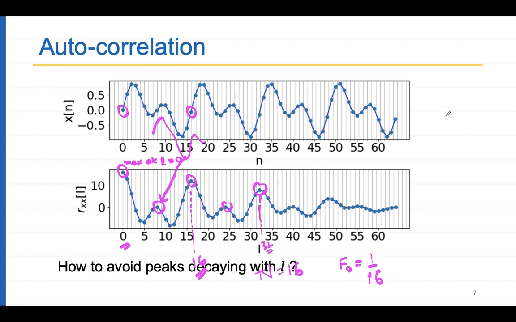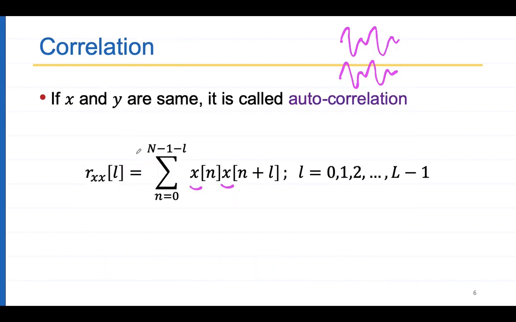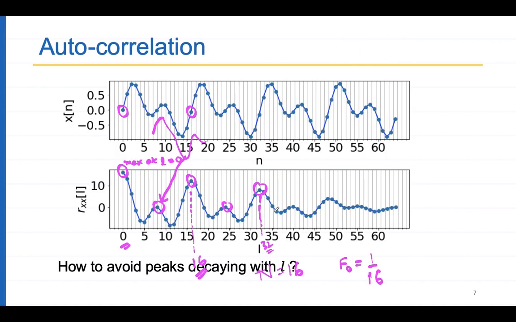If you look at the formula, it goes from 0 to N minus L minus 1, simply because I don't have other values.